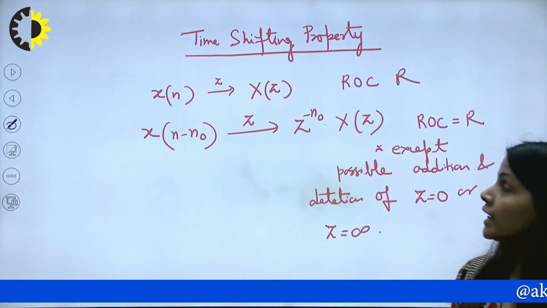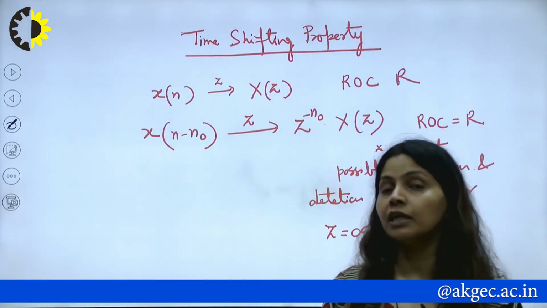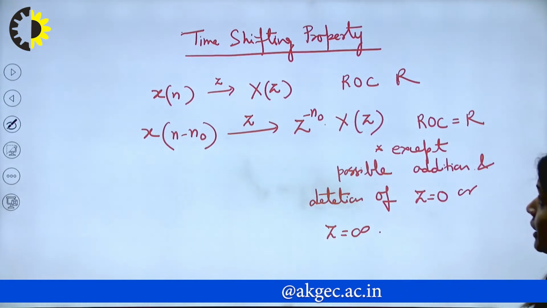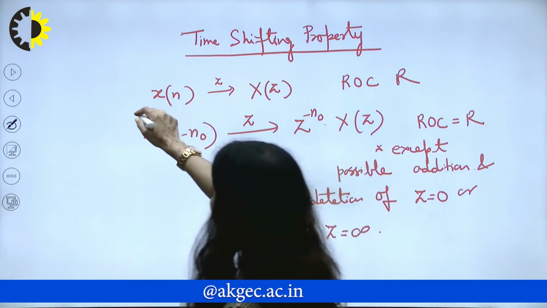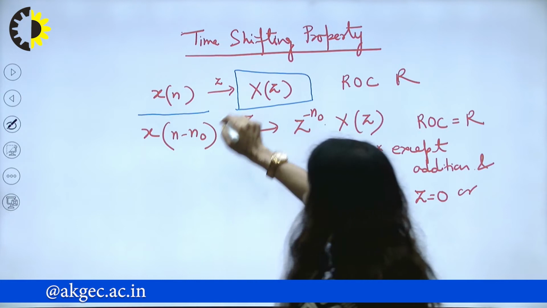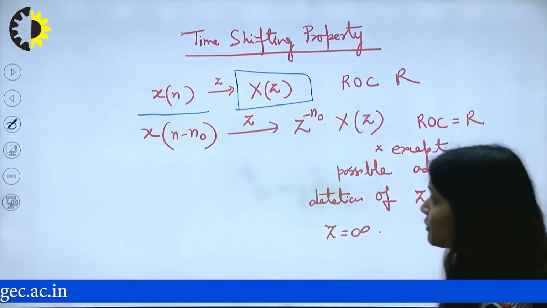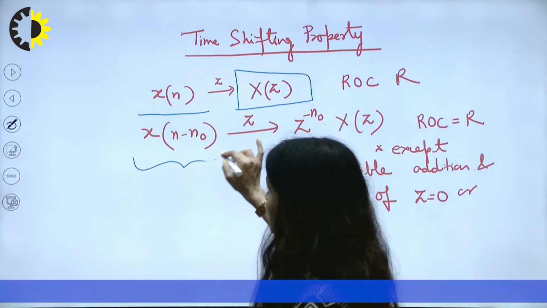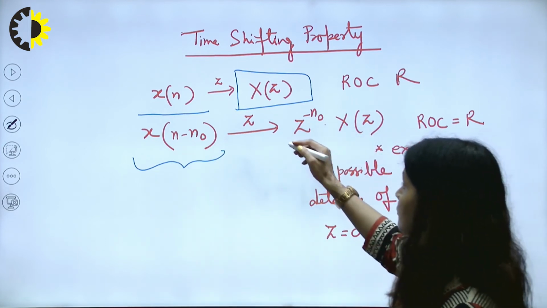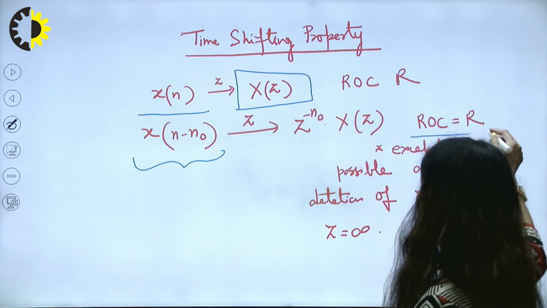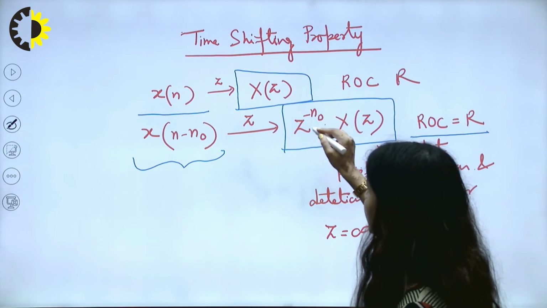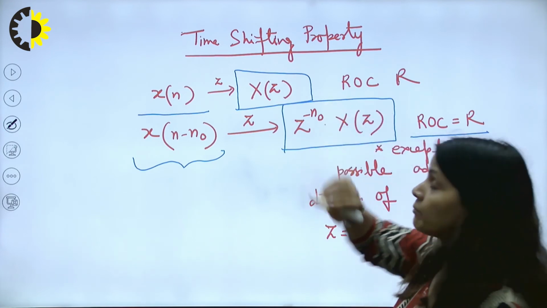Now coming to the next property, that is the time shifting property. For the time shifting property, if I have a sequence x[n], the ROC is R and the Z transform is X(z), and if I shift my sequence by some n naught, then my ROC is the same, but the Z transform will be z raised to the power minus n naught multiplied by X(z).